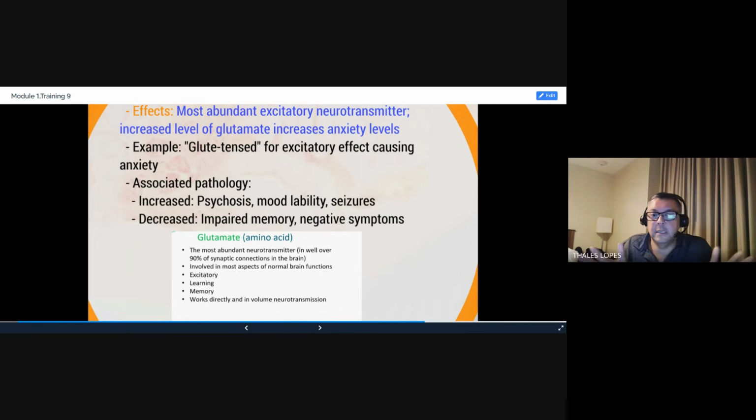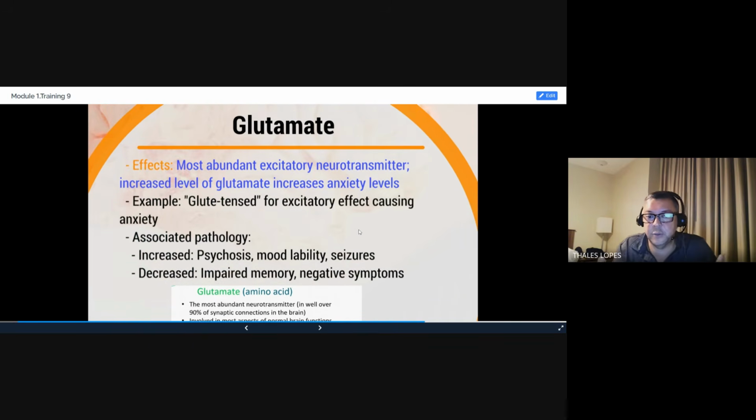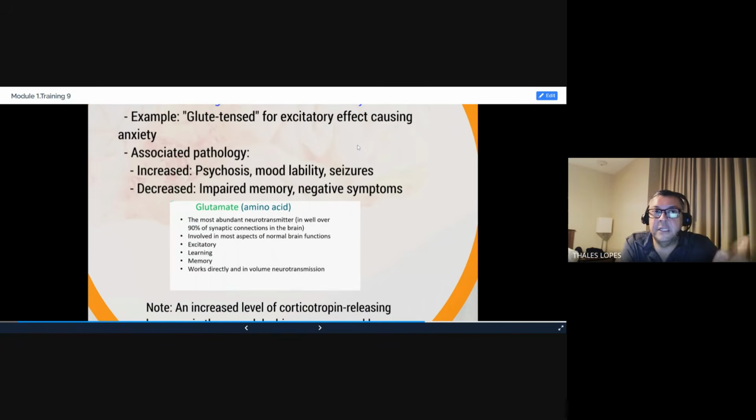Mood lability, seizures: if there is too much glutamate, it could lead to seizures. That's why you give something that counters that, such as gabapentin or anti-seizure medications, which decrease glutamate transmission.